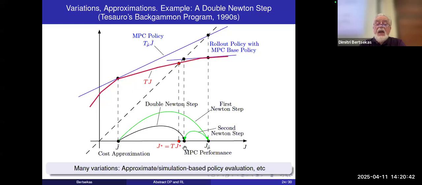And there have been other experiments involving double Newton step and even triple Newton step, and you get a lot better performance, as you might expect. And this has been very helpful. I just want to illustrate here that there are a number of different variations, and a lot of insight can be obtained through figures like this.